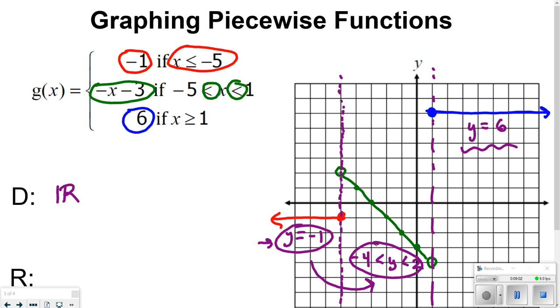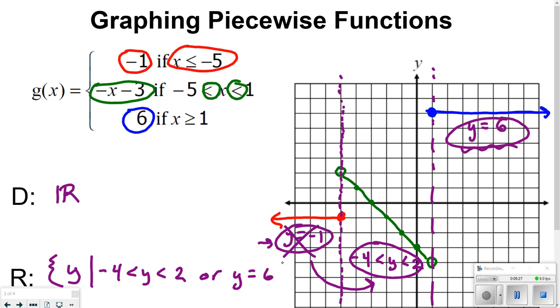So I'm going to have this piece and this piece, not this one, included in my formal range when I write it here. So we're going to say the range is all of the y values such that y is between negative 4 and 2, or y is equal to 6.